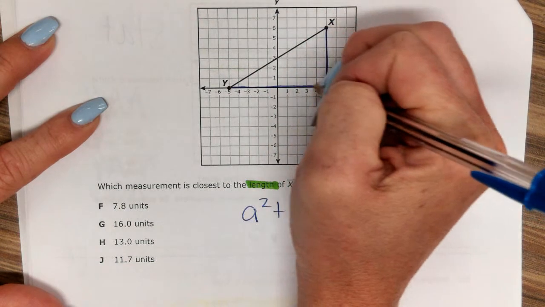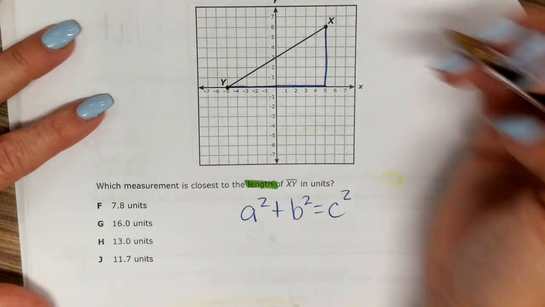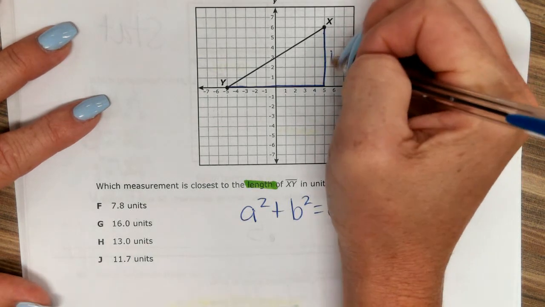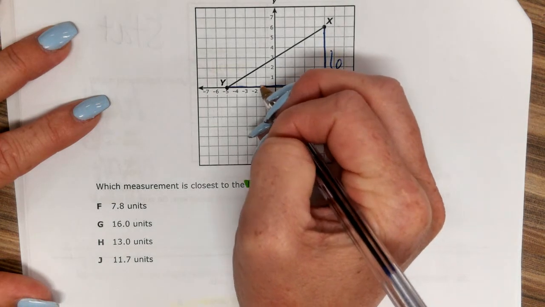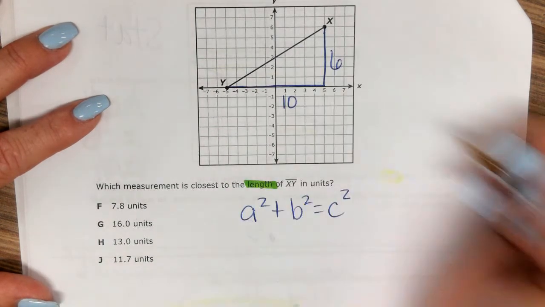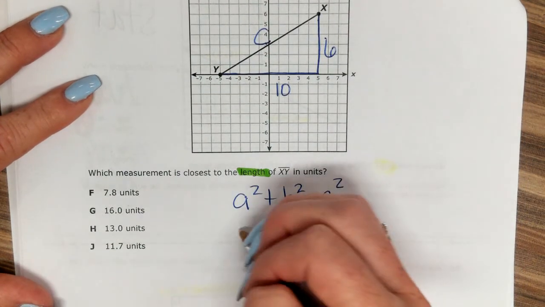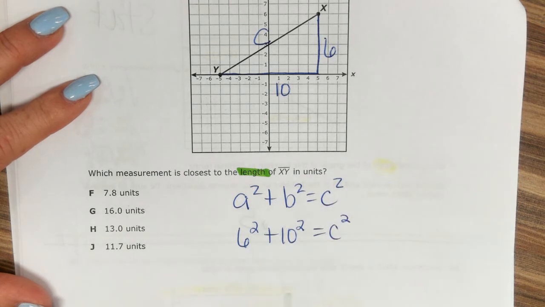You had to count it with your fingers, and that makes for errors, okay? Here's one side. 1, 2, 3, 4, 5, 6. Here's the other side. 1, 2, 3, 4, 5, 6, 7, 8, 9, 10. This is your missing side C. So you're doing 6 squared plus 10 squared equals c squared.